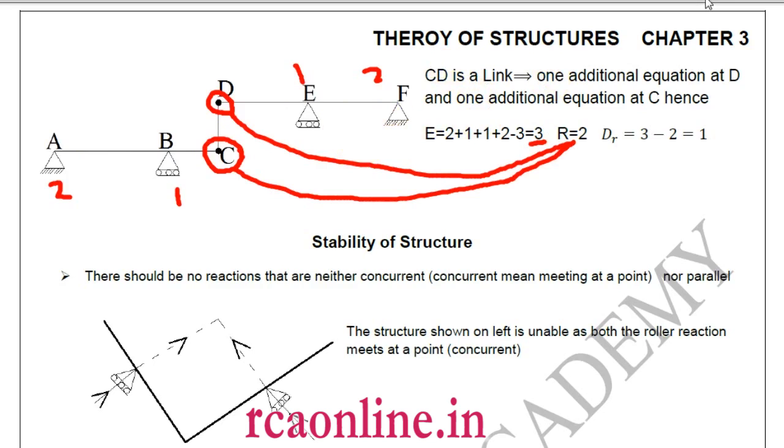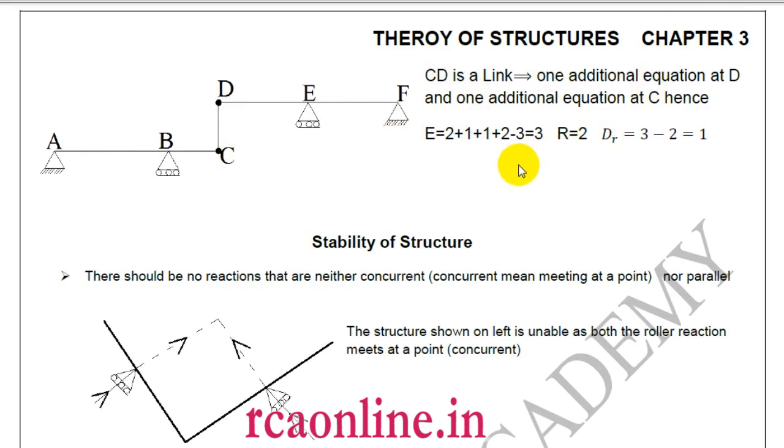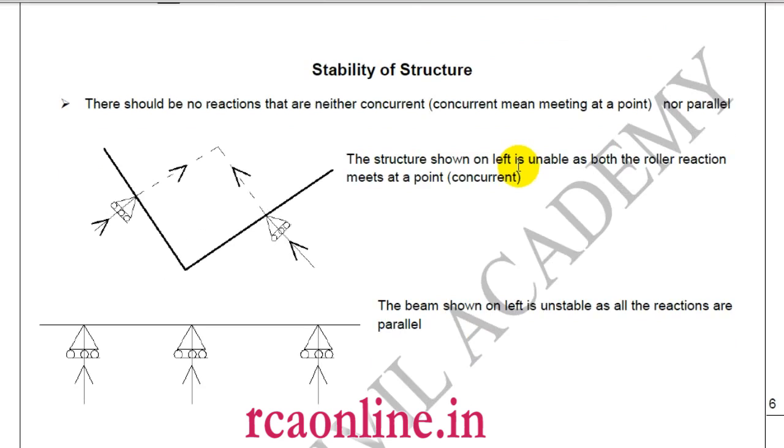Now in the last we discuss the stability of a structure. So how to check the stability of a structure? It is very simple. Either you find the static indeterminacy, but sometimes the things are very complicated and we are unable to find static indeterminacy directly.